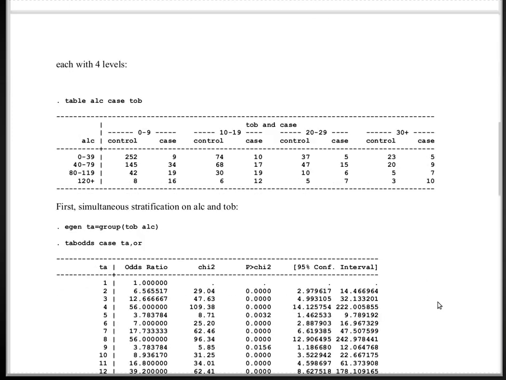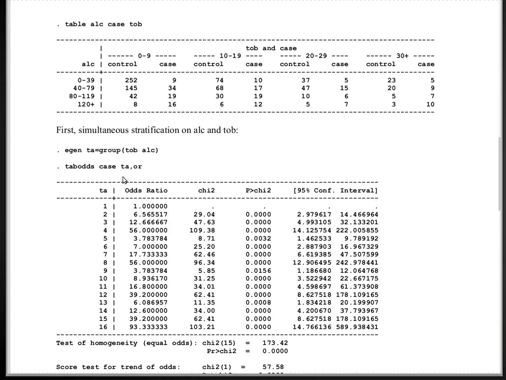And there's a tool in Stata that one can use called tab odds, which gives you a variety of odds ratios for the different combinations of tobacco and alcohol exposure. So if there's four levels of tobacco and 4 levels of alcohol exposure, we can get all of those 16 odds, right?